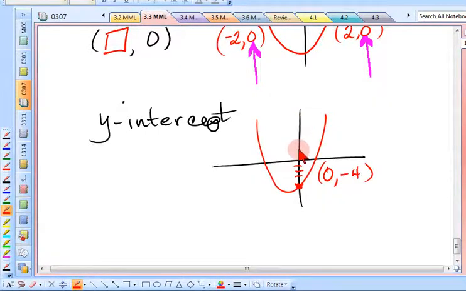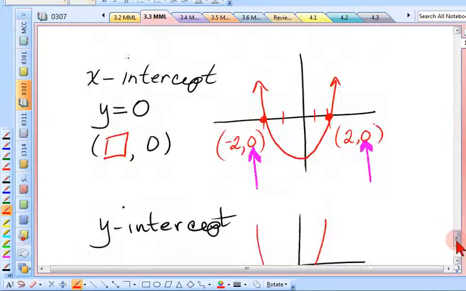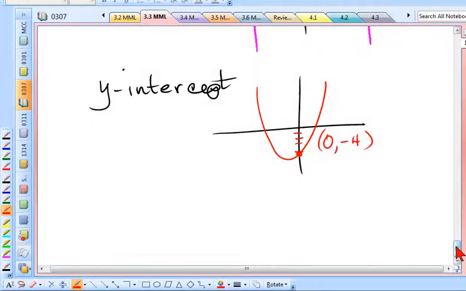Yes. And if I was at this point, it would be 0, some other positive number. And if it were down here, it would be 0, some negative number, or 0, 0. So for a y-intercept, x will always be 0. The ordered pair will always look like 0, comma, something.